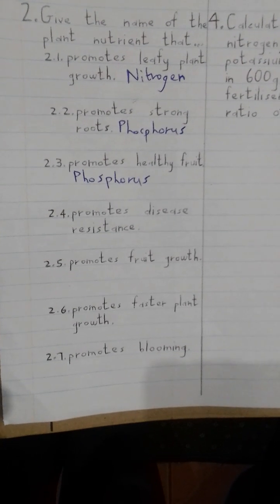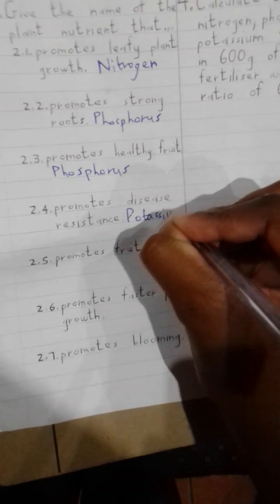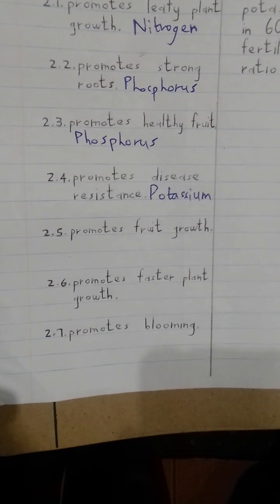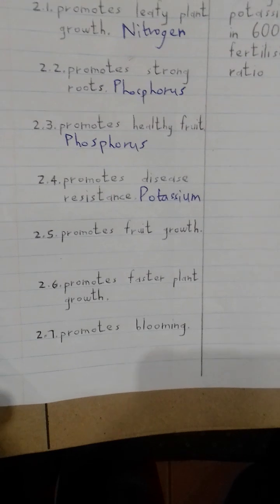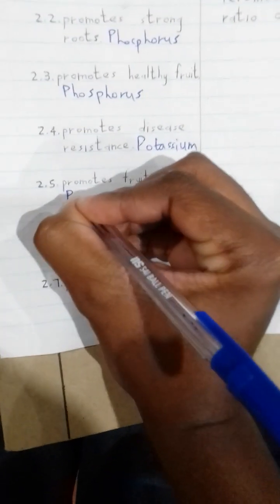Promotes disease resistance. Disease resistance is potassium. Promotes fruit growth. Once again, potassium. Fruit growth is potassium and then healthy fruit is phosphorus. Don't get those mixed.